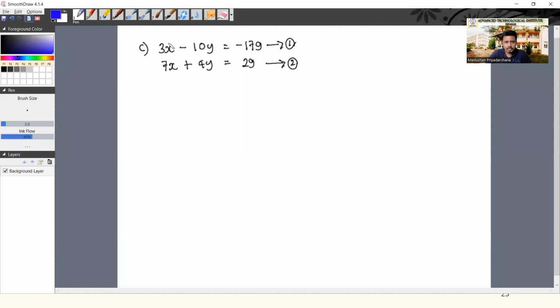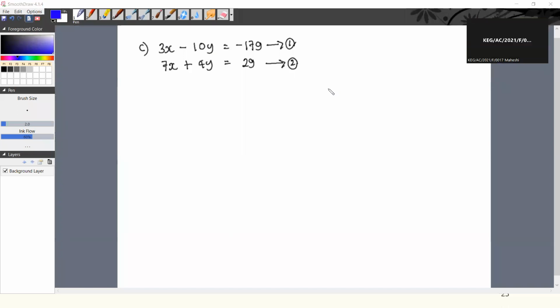Again, we need to make the absolute value of one of these two variables equal. So let's make it equal for what? What should I take here, x or y? X. Right. It means this 3x we need to convert into 21x. For that, we need to multiply equation number 1 by 7.